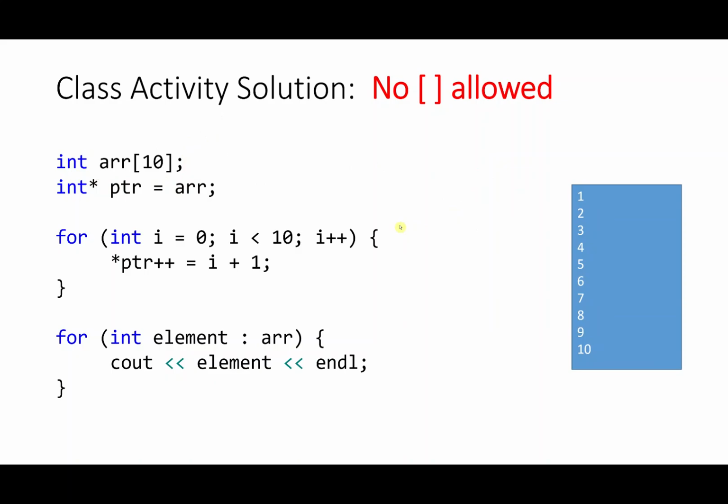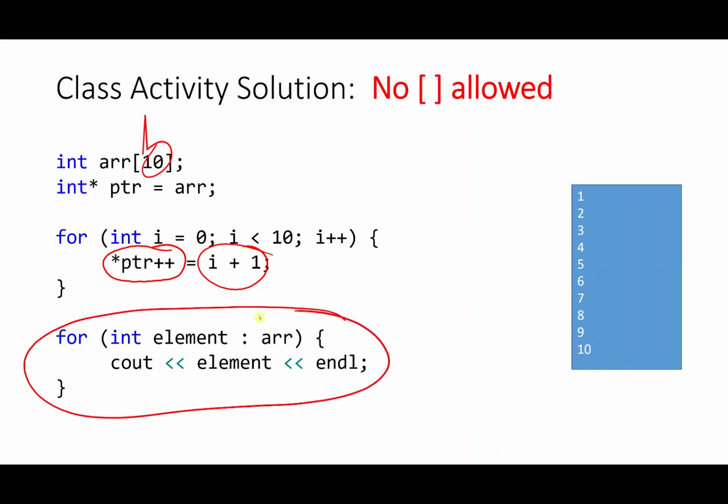And then I'm saying for int I equals 0, I less than 10, the size of my array, I plus plus, then I use asterisk PDR plus plus, and I store I plus 1, which is storing 1, 2, 3, 4, 5, up to 10. Then I'm using for each to print each element.